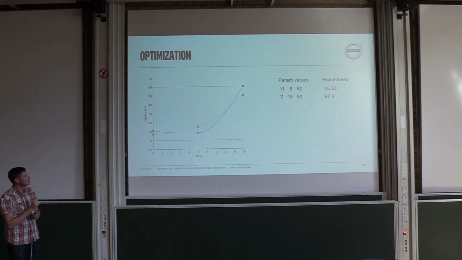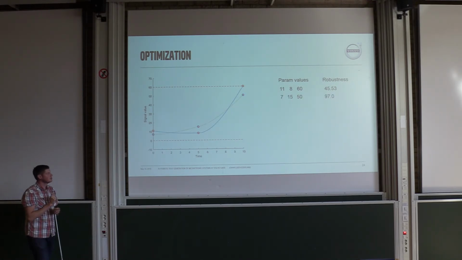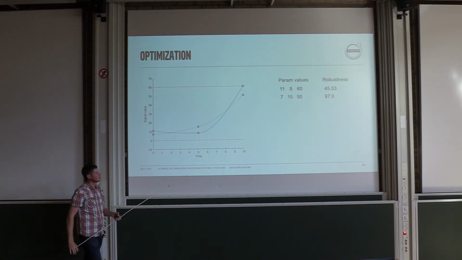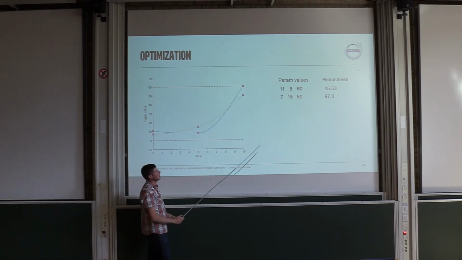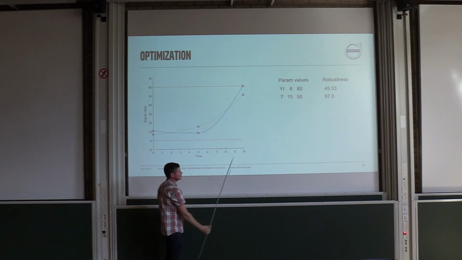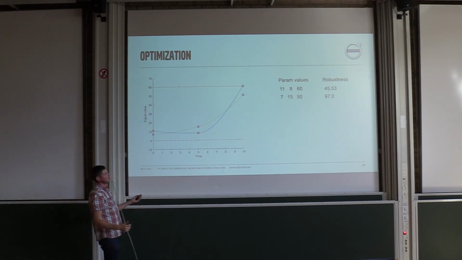Then, for example, the optimizer could want to try something that's close to these control points, but wiggles around a little bit, which would generate this signal. From the optimizer's point of view, we just changed 3 values, from 11 to 7, from 8 to 15, and from 60 to 50. And then we get some other robustness value.